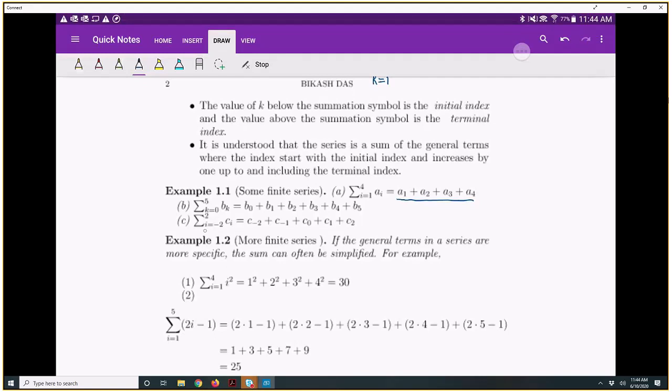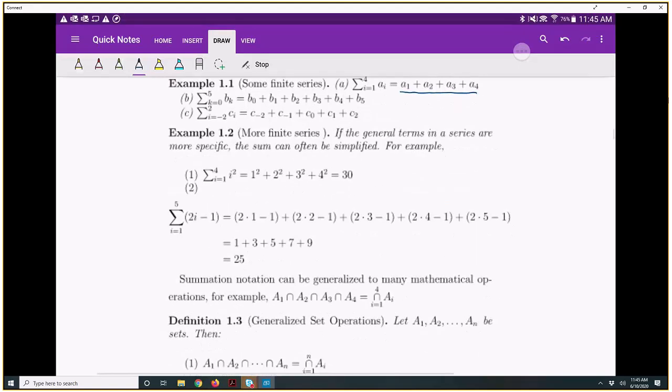We have i between negative 2 and 2. That means we'll take the term indexed by negative 2, and then negative 1, and then 0 and 1 and 2, just counting up from negative 2 to 2. Or you could also have an index that starts at some positive number other than 1.